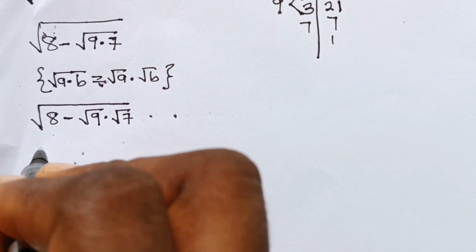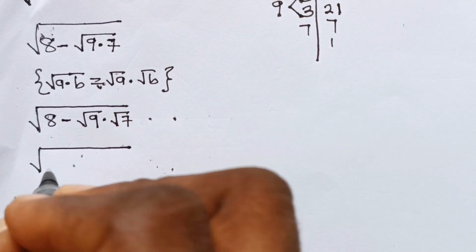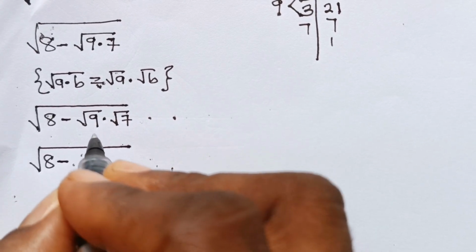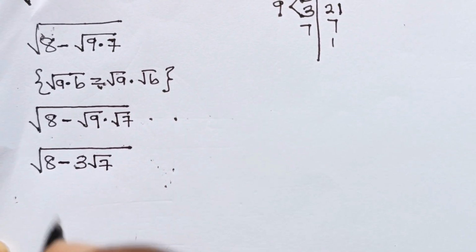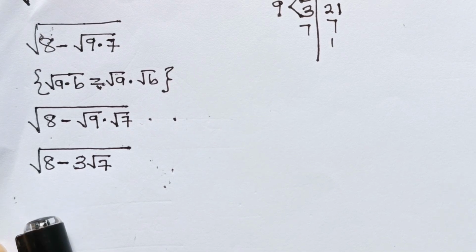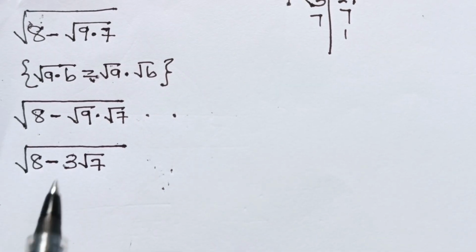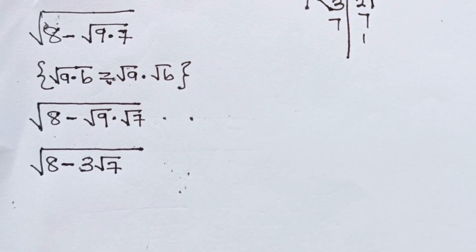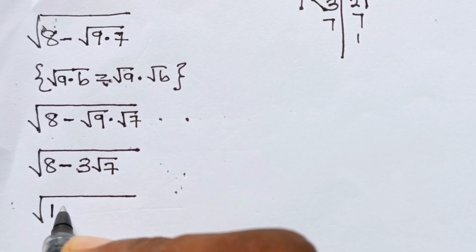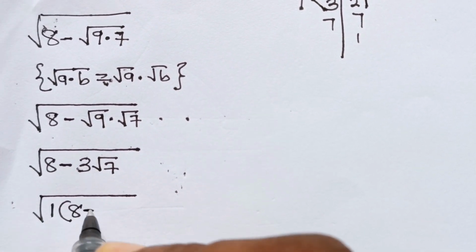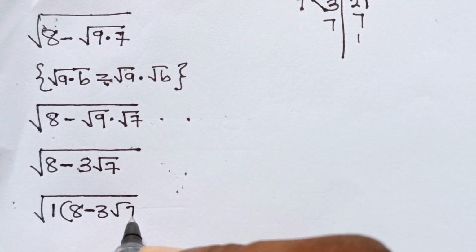So we have square root of 8 minus square root of 9 is 3 root 7. Now, we can write this as the square root of 1 multiplied by 8 minus 3 root 7.